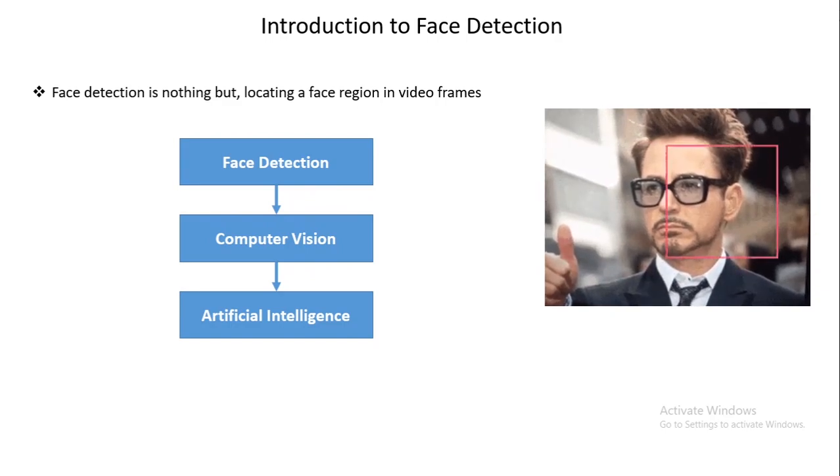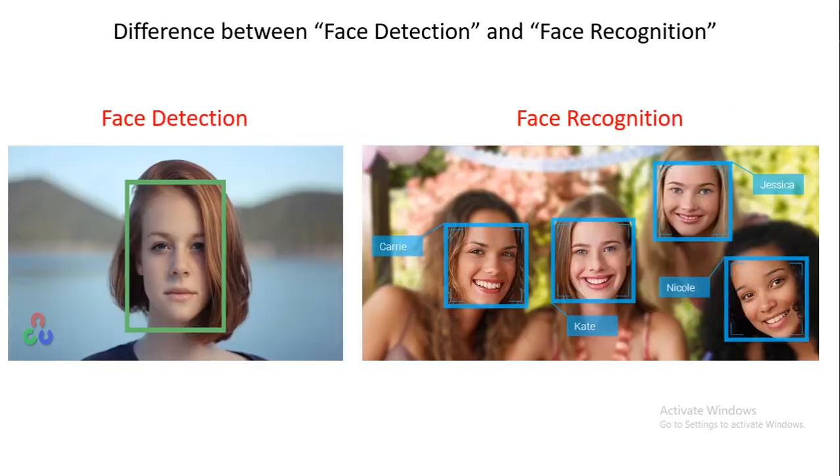Artificial intelligence is nothing but giving human abilities to computers, such as speech recognition, voice recognition, object detection, natural language processing and so on. So here we are learning about face detection. Face detection goes under the category of computer vision. That's it.